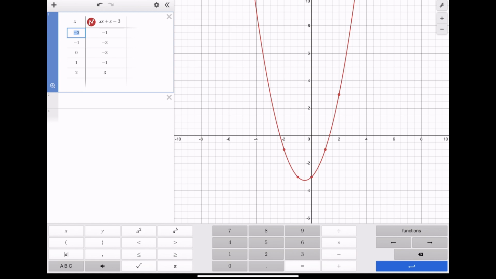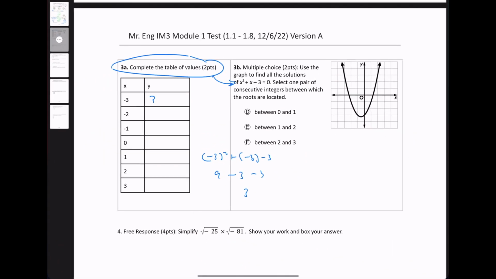And if you want other values that are on there, for example, negative 3, you can just type it in and you'll get a value. Let's just say I wanted positive 3. It'll get the answer for you, 9. Okay, let's go back. So negative 3, 3; negative 2, negative 1; negative 1, negative 3; 0, negative 3; 1, negative 1; 2, 3; and 3, 9.